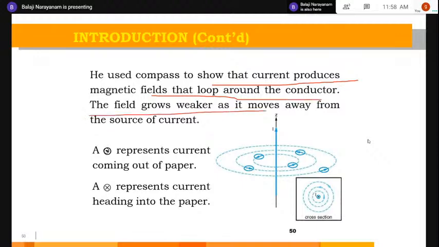The field grows weaker as it moves away from the source of current. This symbol represents current coming out of the paper, and this cross represents current heading into the paper, so we use these two to show the directions. This is a current carrying conductor through which current I is flowing in the Z direction. The fields around it are clearly indicated, and the directions are shown with arrow marks.